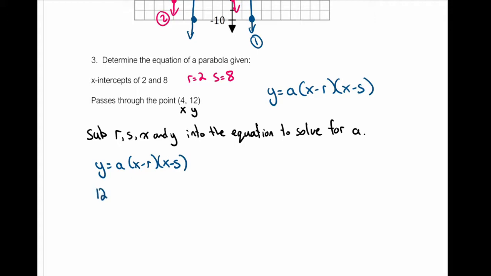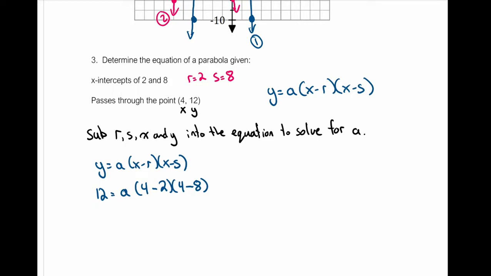Y is 12, a we don't know, x is 4, minus r, which is 2, times x, which is 4, minus s, which is 8, and I've plugged everything in.